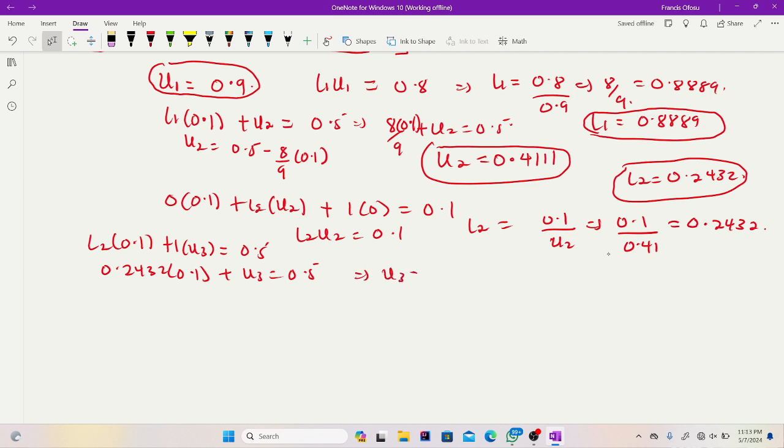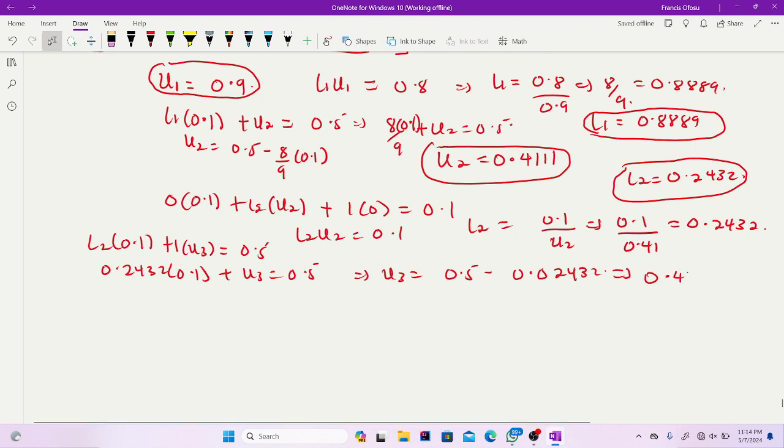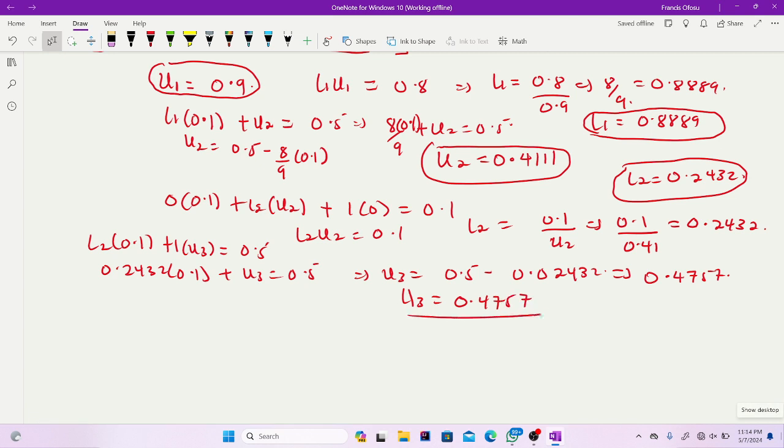So U3 is simply equal to 0.5 minus 0.0243. So the final expression is 0.4757, okay? So right now I'm having U3 equal to 0.4757.